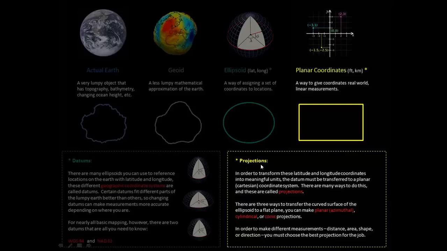For now, just remember that projections are flat and that they are planar coordinate systems, and there are three types. You can use a plane, a cylinder, or a cone. Planar, also called azimuthal, cylindrical, or conic projections, all are versions of how we get this curved surface to a plane. So don't get too bent out of shape just yet.